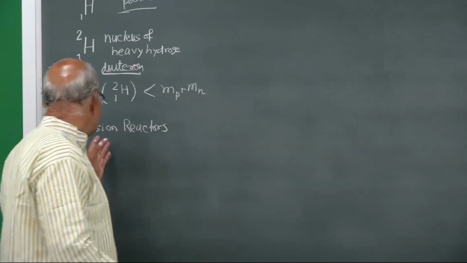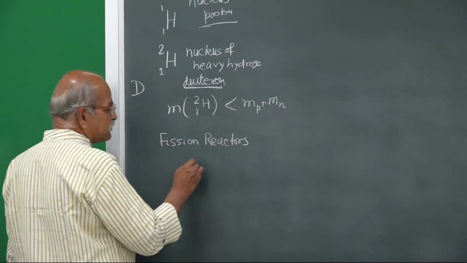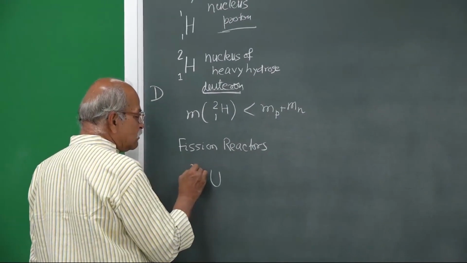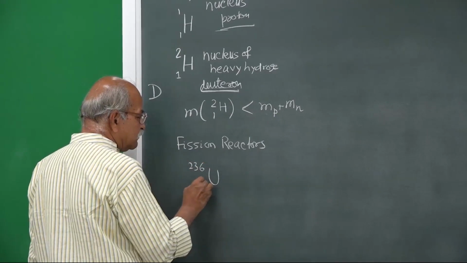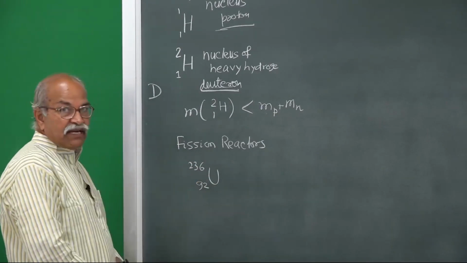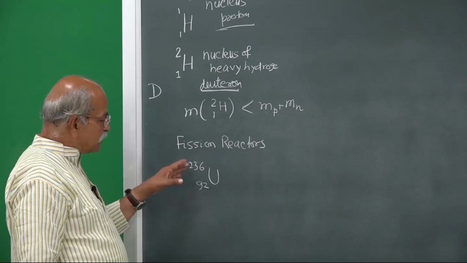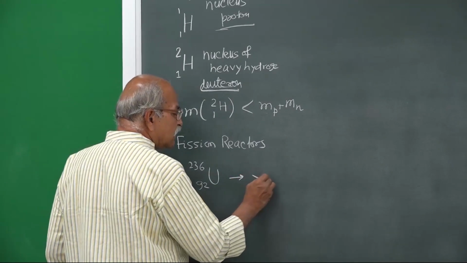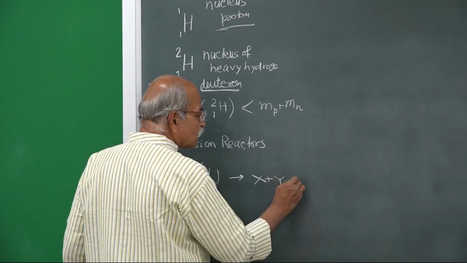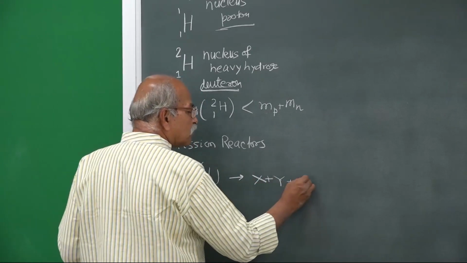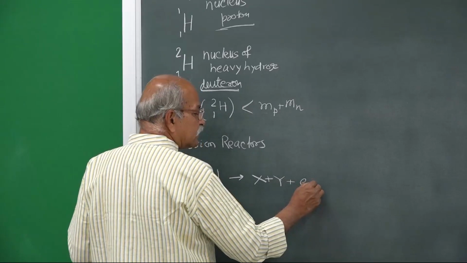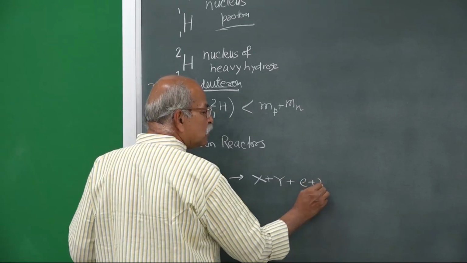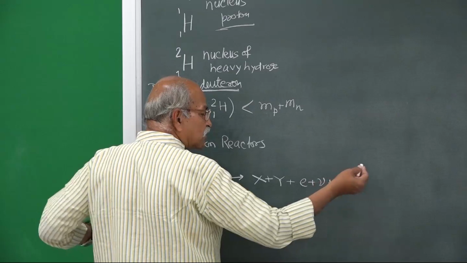In this, we have some uranium nucleus, uranium-236 with 92 protons. We have uranium-235, then we put in a neutron and make this, and this breaks into other nuclei X plus Y, and then some electrons, some neutrinos, and then energy.